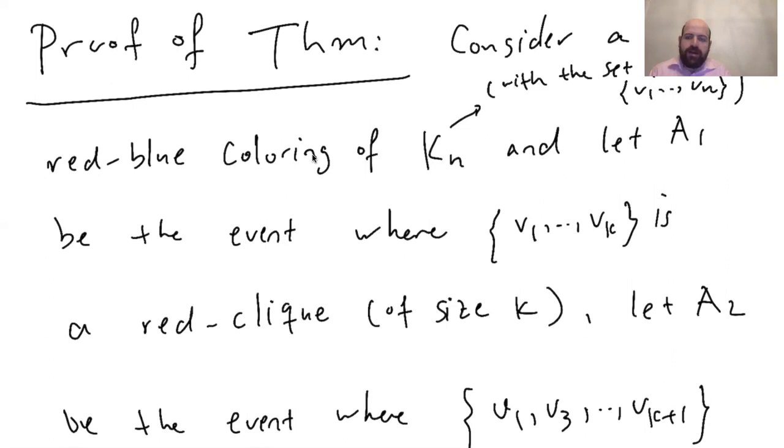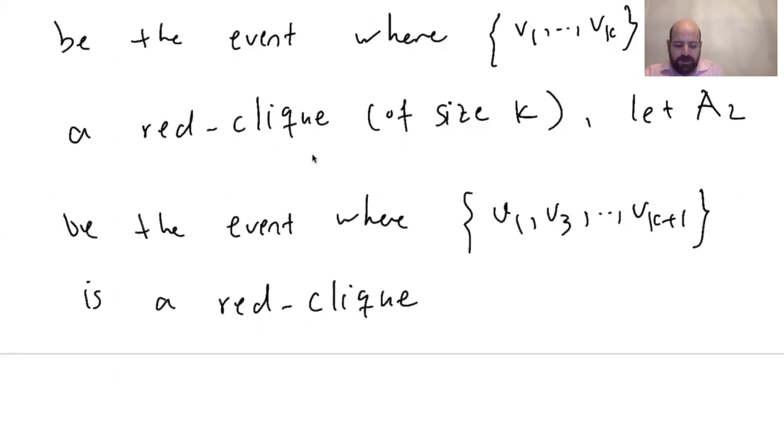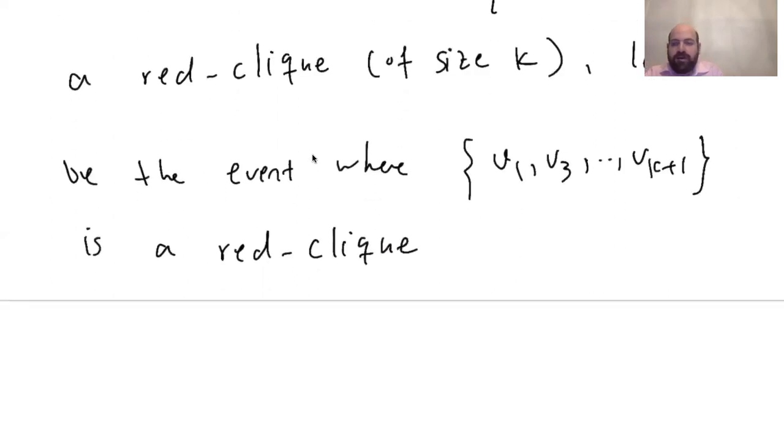Now for the second event, I consider another complete graph, again with k vertices. For the first event, I considered the first k of them. For the second one, I can choose another k vertices, such as V1, V3 to V(k+1). Again, I require this to be a red clique. This is my second event, and so on.